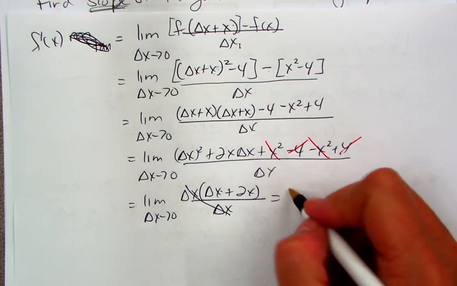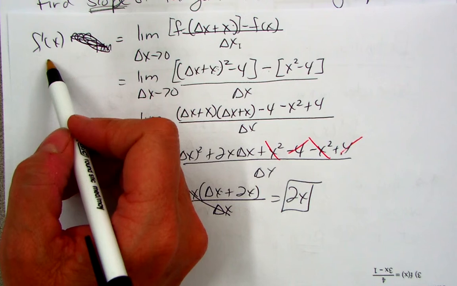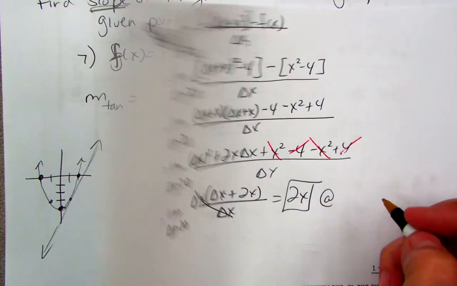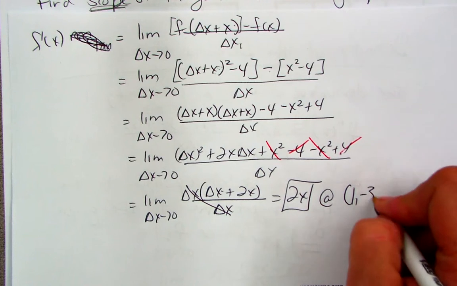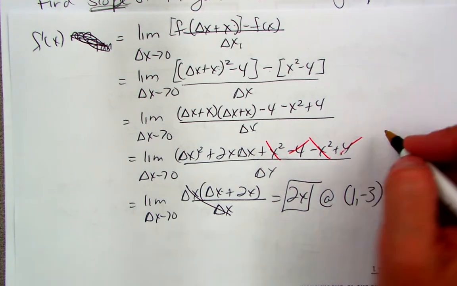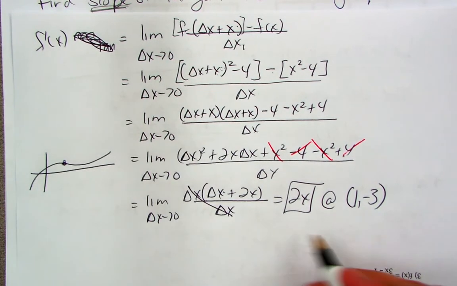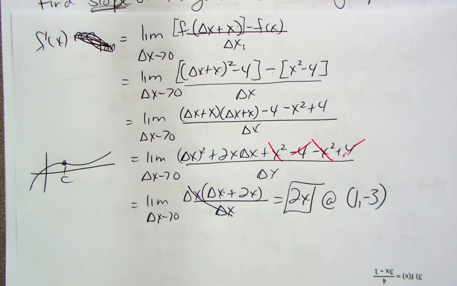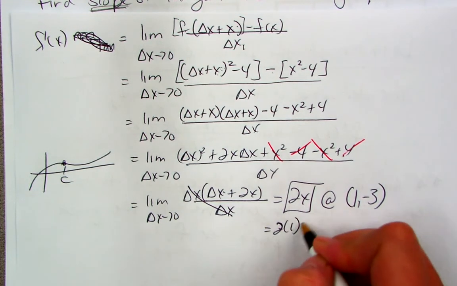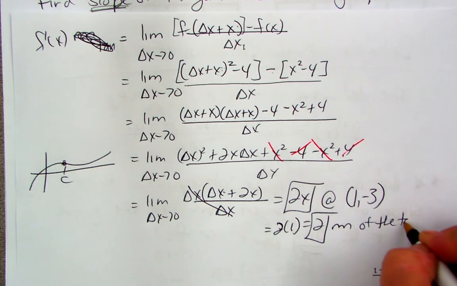Put in 0 for delta x. There's my generic equation. Why? Because I found the generic. I took the first derivative. Now I said at what point was that? At 1, negative 3. So what I want to know is at 1, negative 3, I want to put in the x value, right? Because that's my c, my x value. So equals 2 times 1. There it is, the slope of the tangent line.